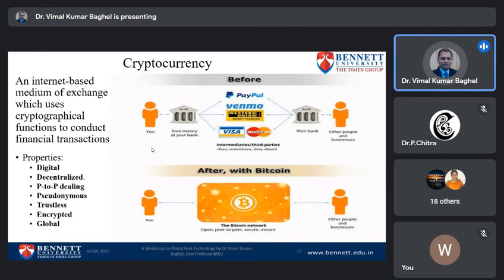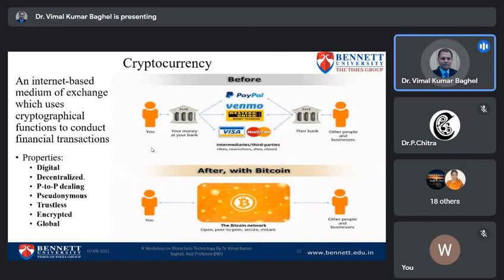The properties of a cryptocurrency are that it is completely digital, completely decentralized, and runs on a peer-to-peer network. All the transactions are handled on a peer-to-peer network. There is a property of being pseudo-anonymous. Nobody knows who you are inside the cryptocurrency space, as I said in the beginning.